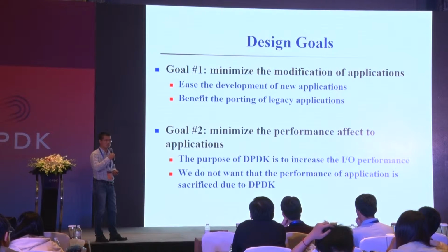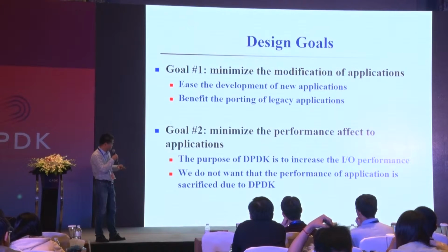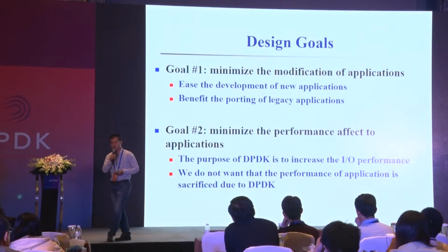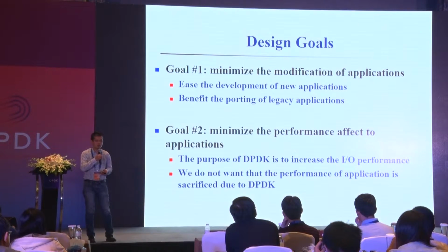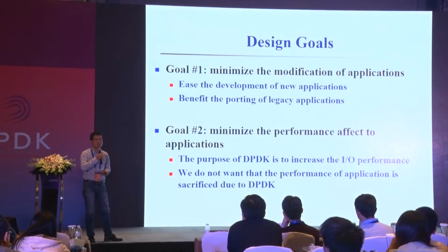Today is a DPDK community summit, but the users are not willing to increase the cost in migration. The second goal is to minimize the performance effect to the applications. The reason we want to use DPDK is to increase the I/O performance.